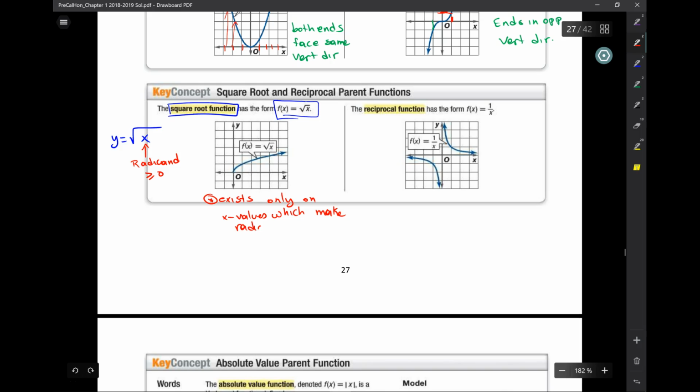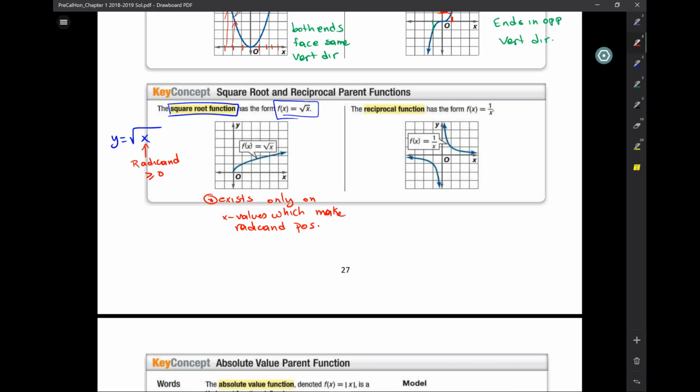Well, okay, so root x, the parent function, yes, it's in positive x and positive y.